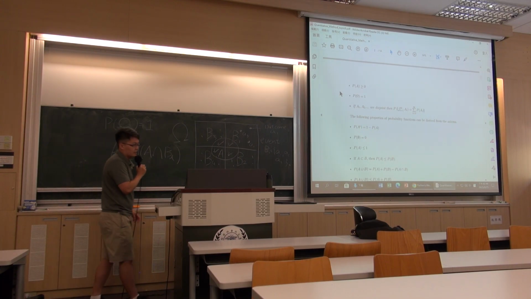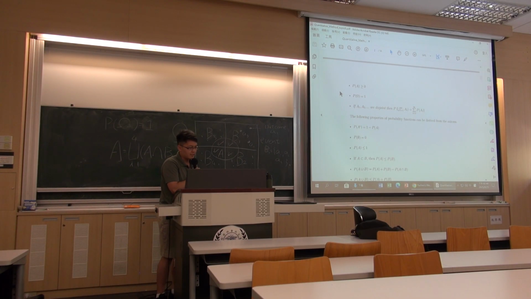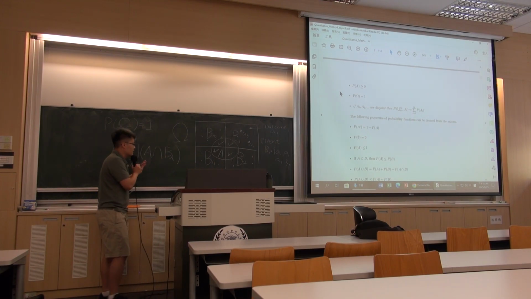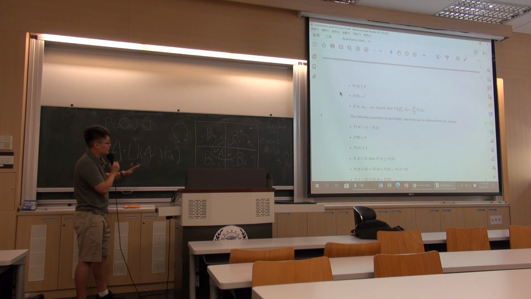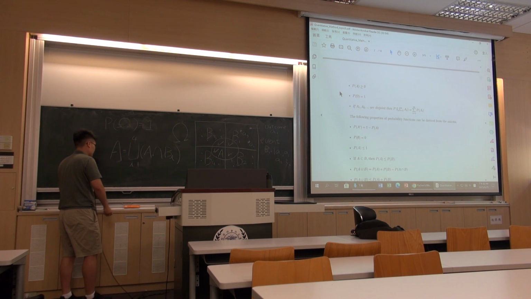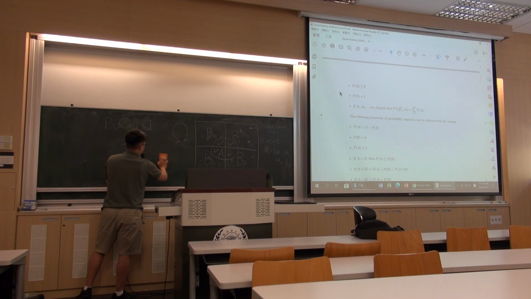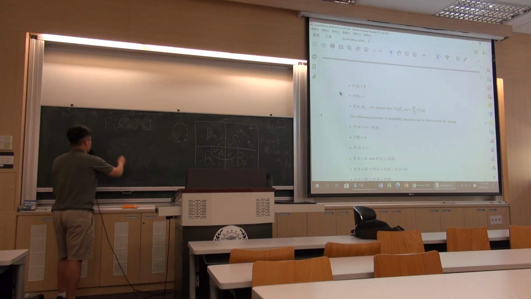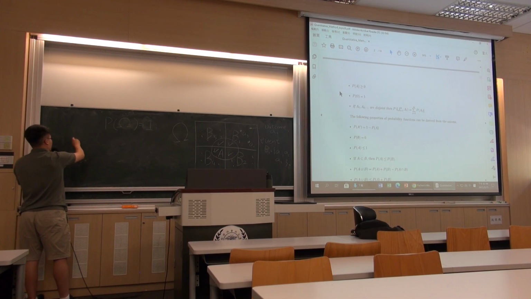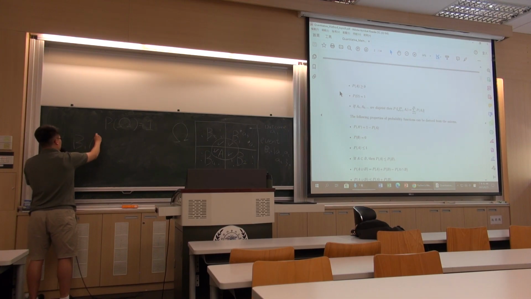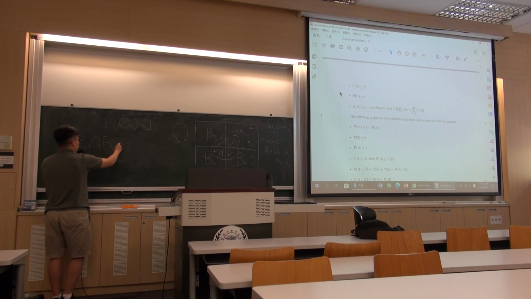And then the third axiom is that if 2 events are disjoint, then the probability of their union is the addition of these 2 probabilities. Put it another way, we already know from that graph that B1 and B2 are disjoint, right?